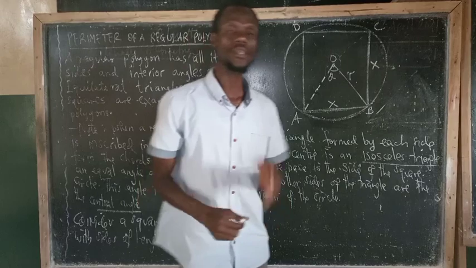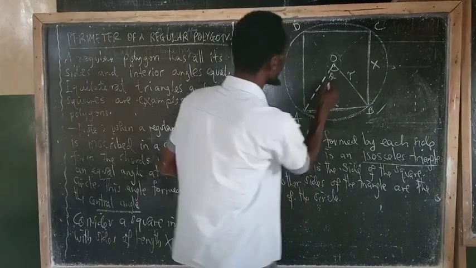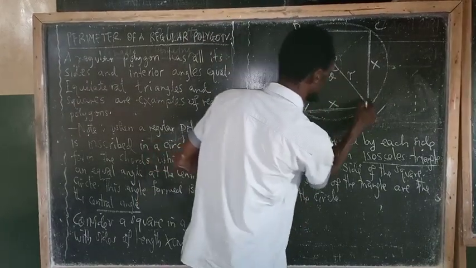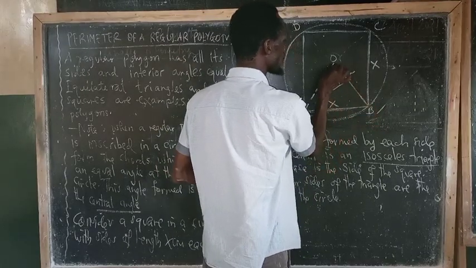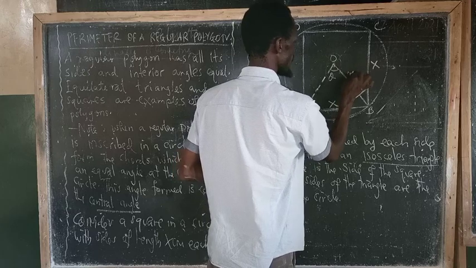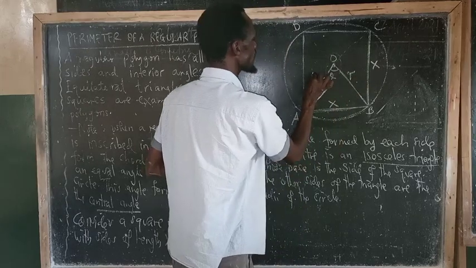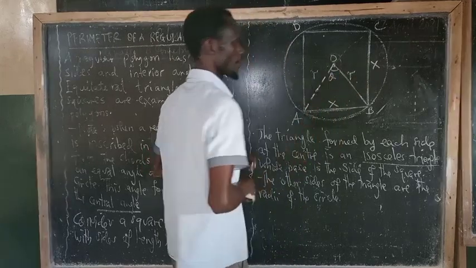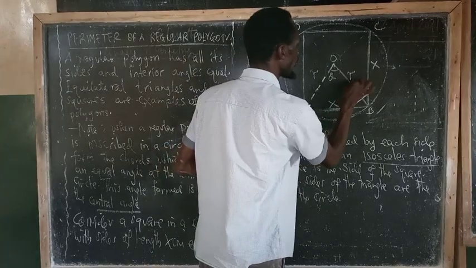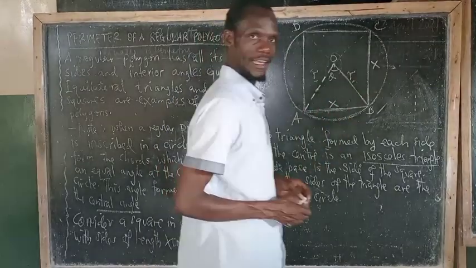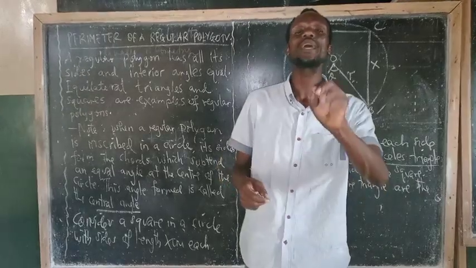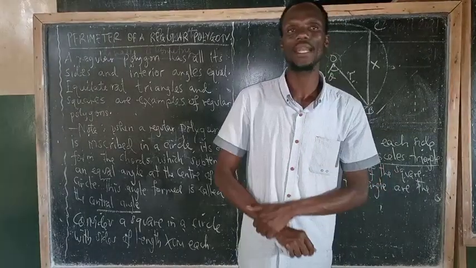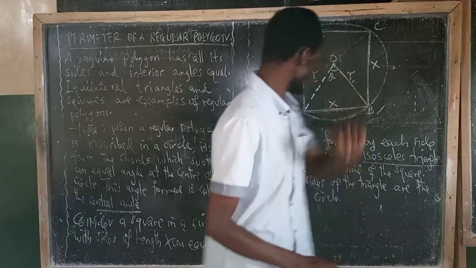It is very simple to understand. When you look at this triangle that is formed, this side from here to the center is called a radius, and this side also is a radius. So these are two equal sides, and that is why it is called an isosceles triangle, because it is made up of two sides which are radii.